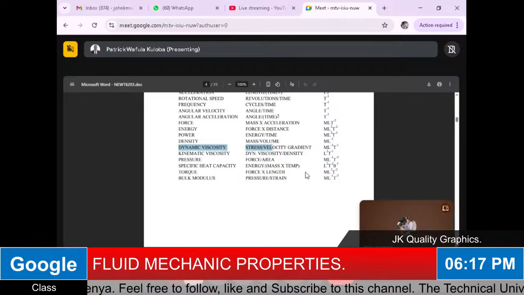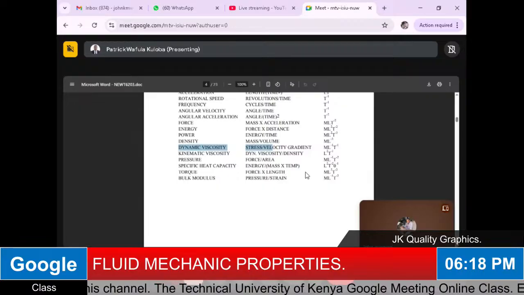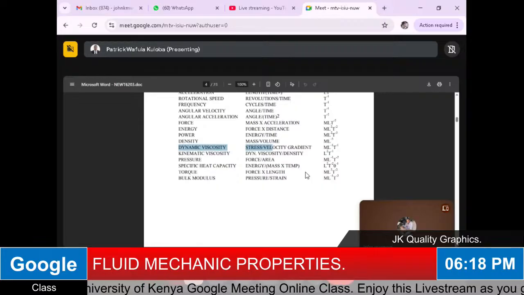So dynamic viscosity is M L raised to minus 1, T raised to minus 1. So substitute this into equation 2 above.